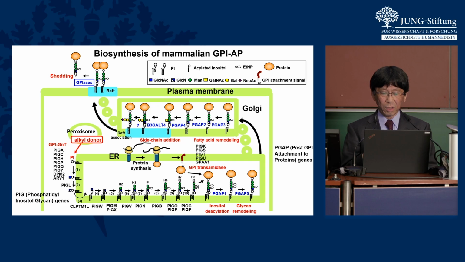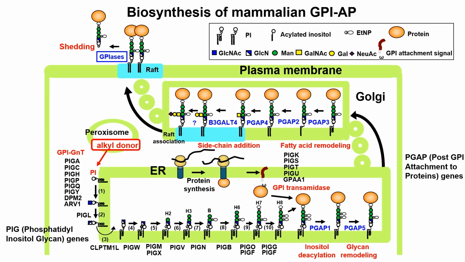And for the entire pathway, there are 30 genes involved. The genes involved in the biosynthesis of GPI and its attachment to proteins are called the PIG genes, for phosphatidylinositol glycan. And the genes involved in the maturation steps are termed PGAP genes, for post-GPI attachment to proteins.